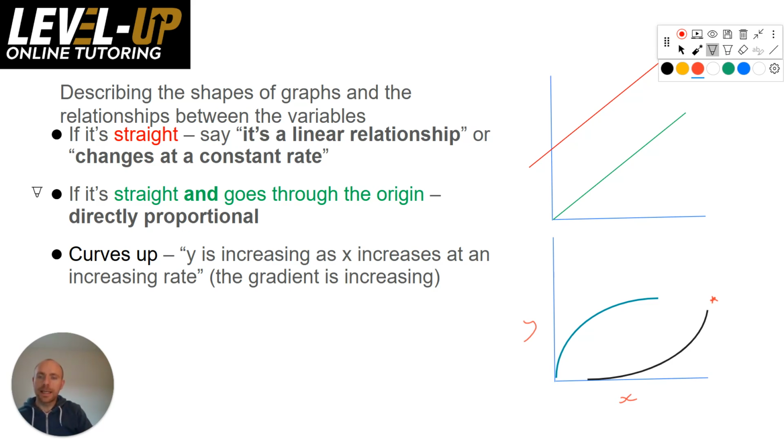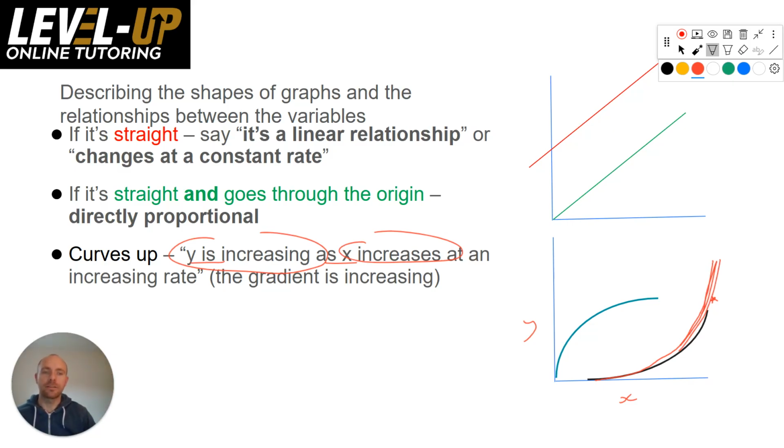So what we want to say is as x increases, y increases. Y is increasing as x increases, but y is increasing as x increases at an increasing rate. Okay, it's getting steeper, so we say it's increasing, but it's increasing more and more and more.